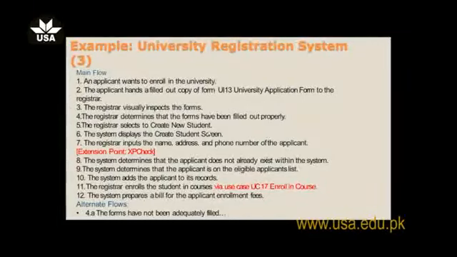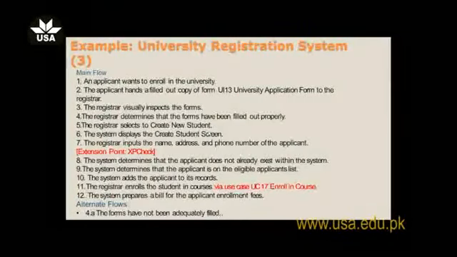So the main flow would be like this: the applicant wants to enroll in the university. The second step would be that the applicant hands a filled-out copy of a form, like user interface 13, the university application form, to the registrar. So this is the flow of how a student can enroll in the course or the discipline.